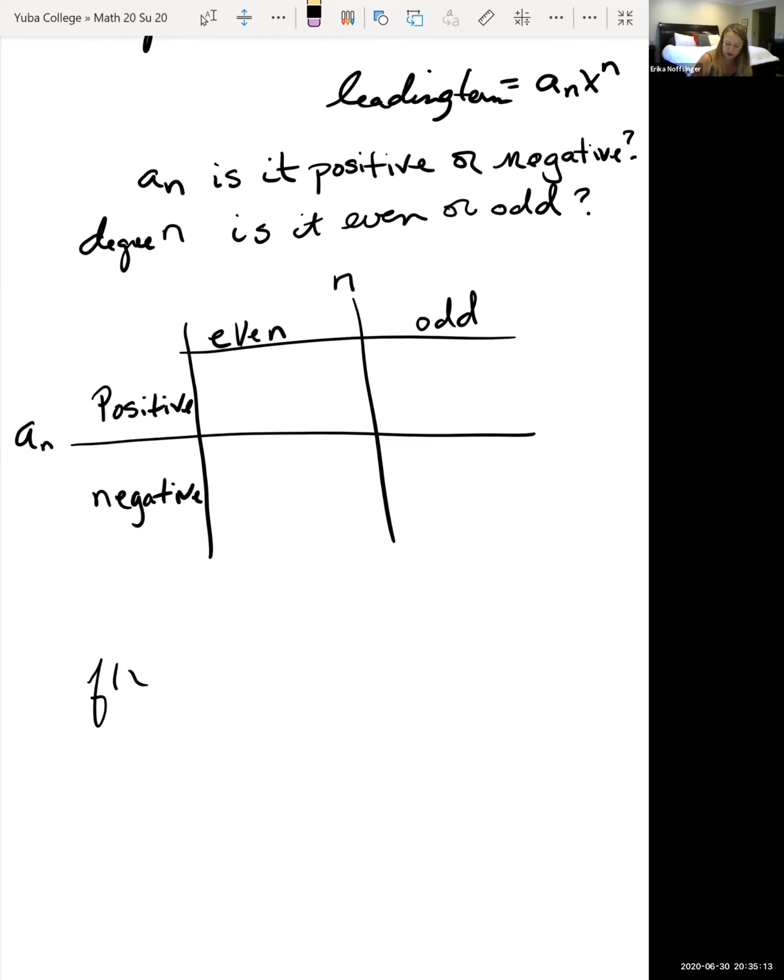Okay, so I'm going to show you with an example. Let's look at an example where we have a positive coefficient in front and an even power.